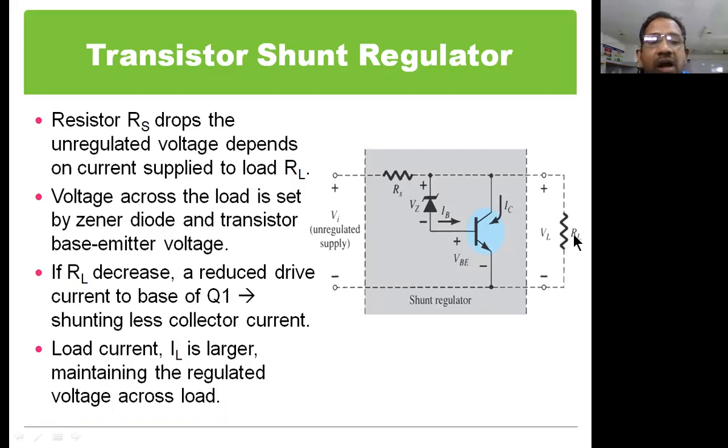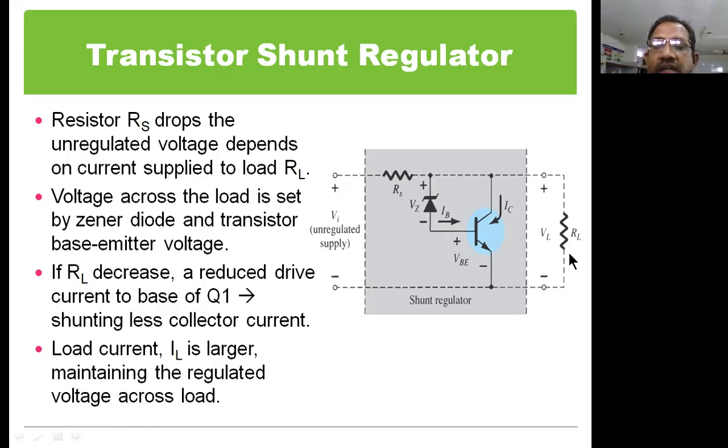What happens if RL decreases? If RL decreases, the transistor is going to get less driving current. If it gets less driving current, it will not draw more current, and the current will simply go through the load. Thereby, the output voltage is going to increase.